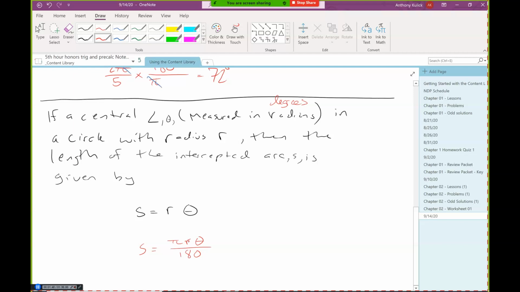So you see that the degrees version here is the same as the radians version, just we've multiplied the radian version equation by that conversion factor, pi over 180. Is everybody okay there?